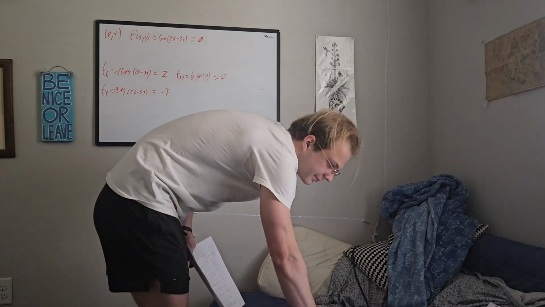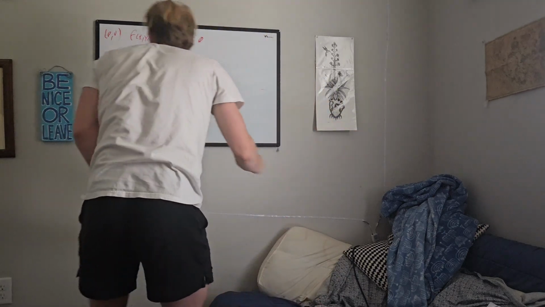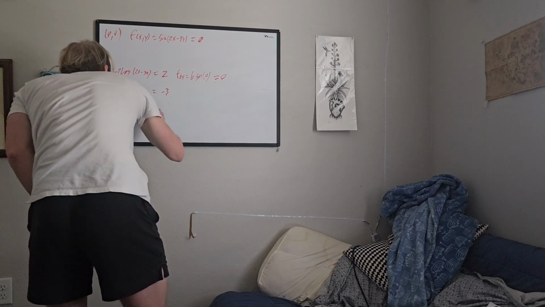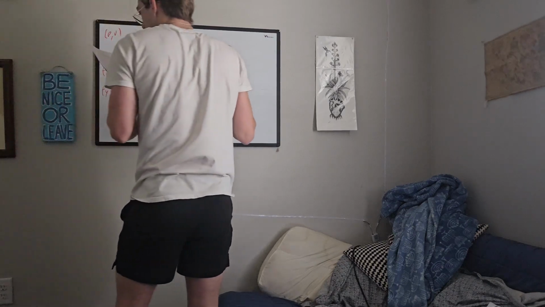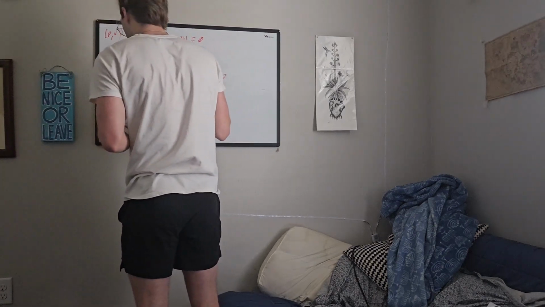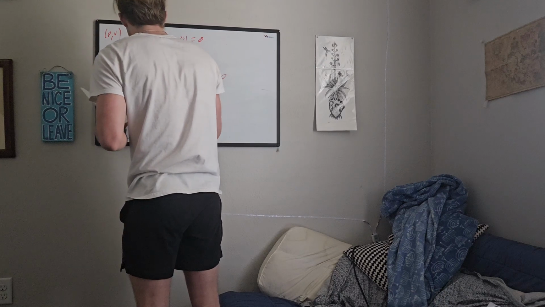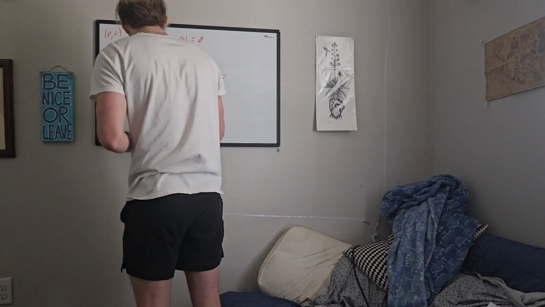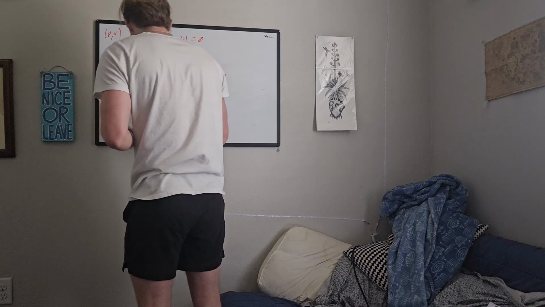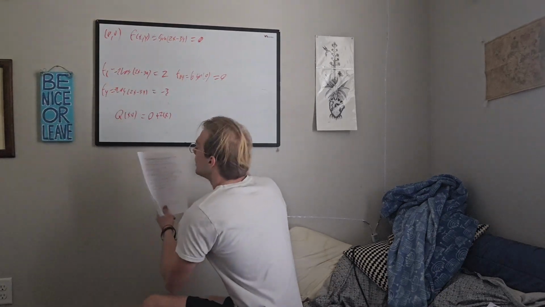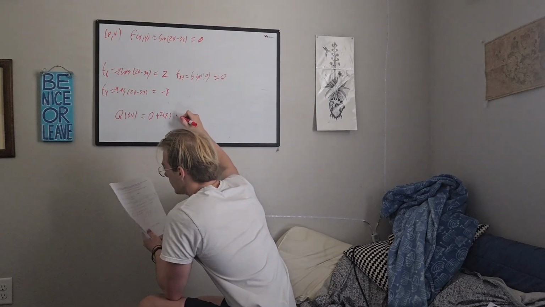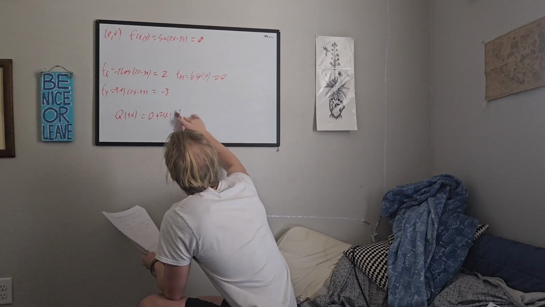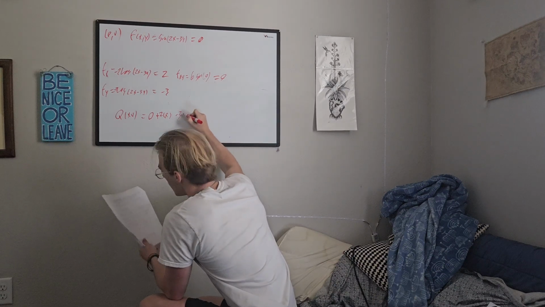Taylor approximation. So q of xy is equal to 0 plus f of x, so plus 2 times x, so 2x, and then plus f of y, minus 3 times y.